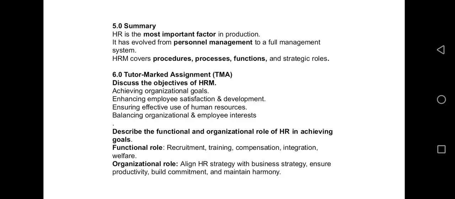Summary. HR is the most important factor in production, evolving from personnel management to a full management system. HRM covers procedures, processes, functions, and strategic roles. 6.0 Tutor Marked Assignment, TMA: discuss the objectives of HRM. 1. Achieving organizational goals, enhancing employee satisfaction and development, ensuring effective use of human resources, and balancing organizational and employee interests. 2.